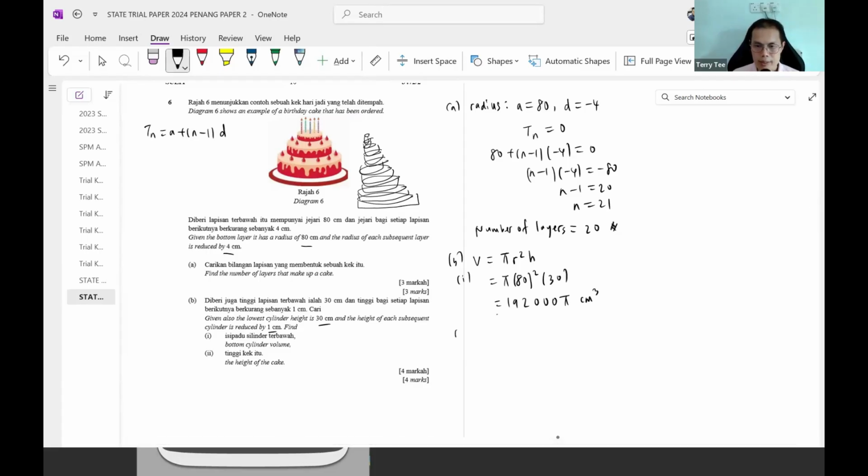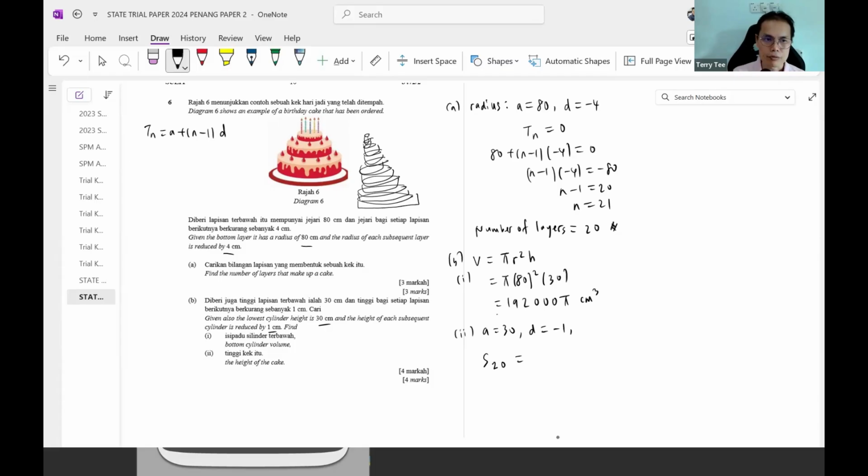Now next, what is the height of the cake? We already know the cake has 20 layers, not 21, 20 layers. The lowest layer has a height of 30, then it reduces by 1. So your a is 30, your common difference is negative 1. So to find the total height, we use S20.